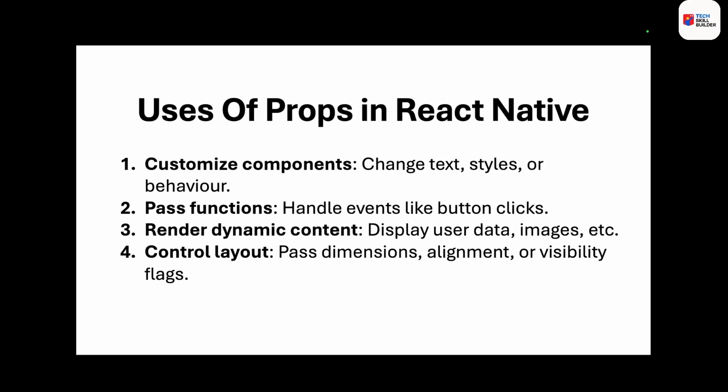You can also pass functions to handle events like a button click, TouchableOpacity onPress, or Pressable. On onPress we can pass a particular function as a prop. You can also render dynamic content, like displaying user data and images, and control layouts by passing dimension, alignment, and visibility. These are a few examples where we can use props in React Native.